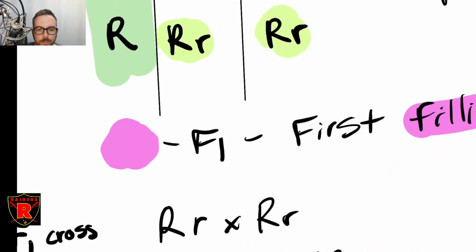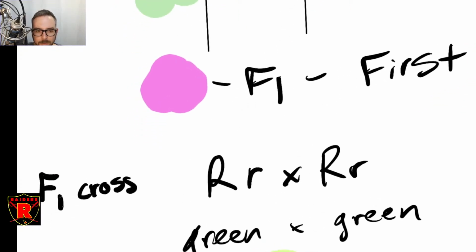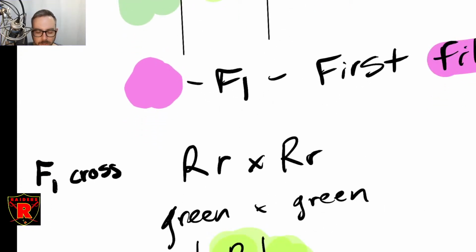Okay, so when you take the babies of a union and you cross the babies with each other, that's called an F1 cross. Okay, F is for filial. Filial are the offspring of the first cross. And F1 just means the first generation of offspring from the first cross.